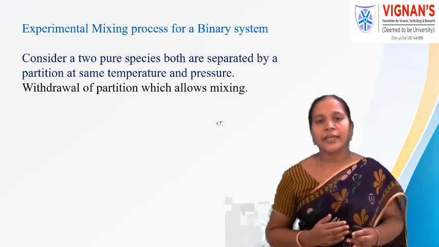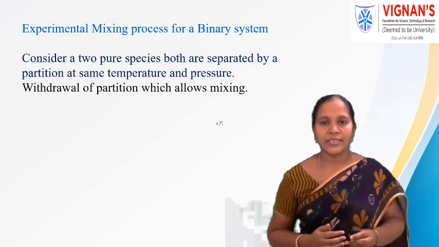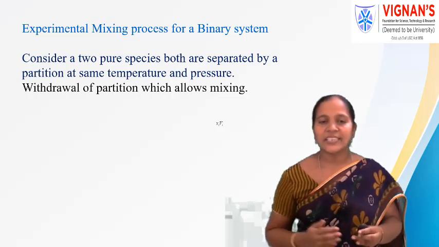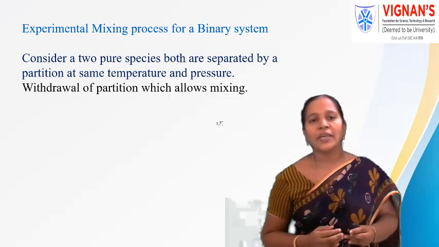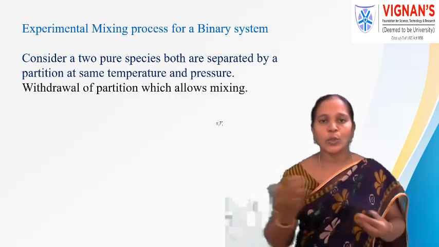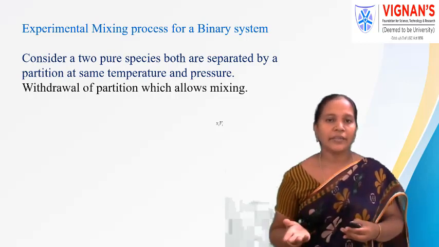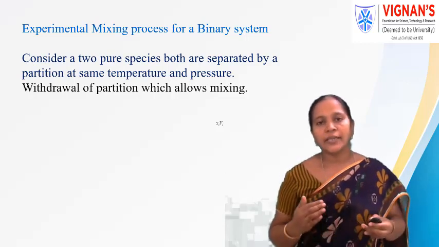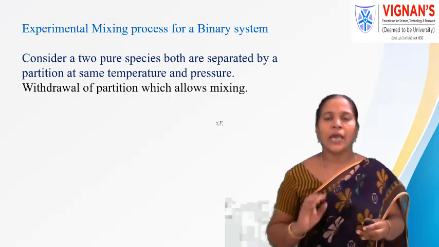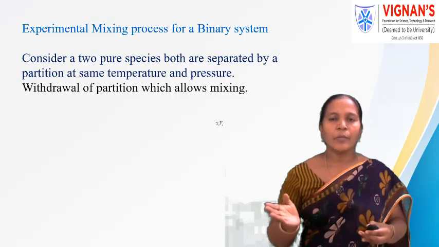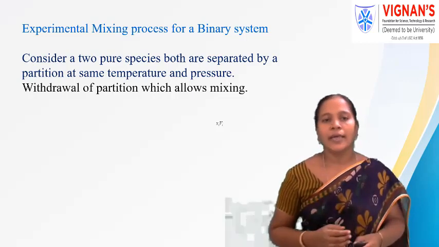Because of their direct measurability, delta V and delta H are the property changes of mixing of major interest. Why? Because VE is equal to delta V, directly related excess property and delta V. Similarly, delta H is equal to HE. There is no complexity and no other properties involved in this VE and HE.